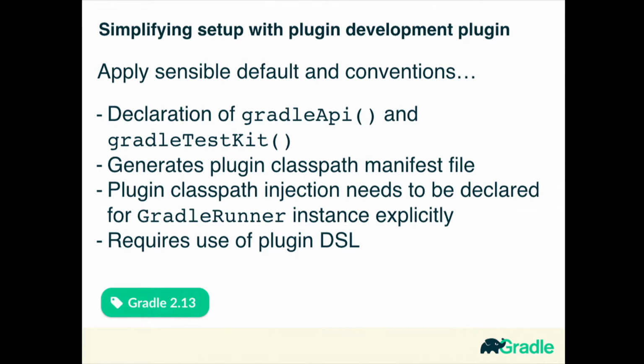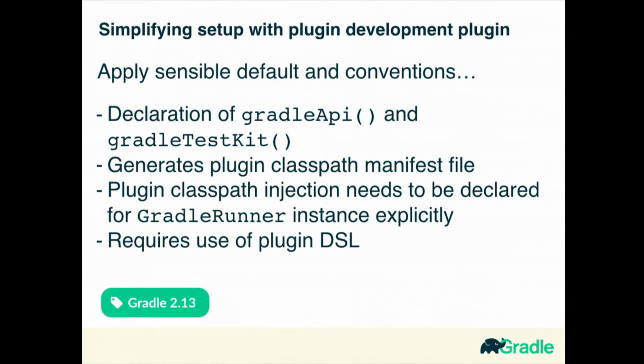And with Gradle 2.13, we now also hook into the TestKit. So what we do here is that we automatically apply the Gradle TestKit dependency. And all the logic that you've seen before in the previous example would be created under the covers. So you don't have to set up a task anymore that produces it and all these kind of things.